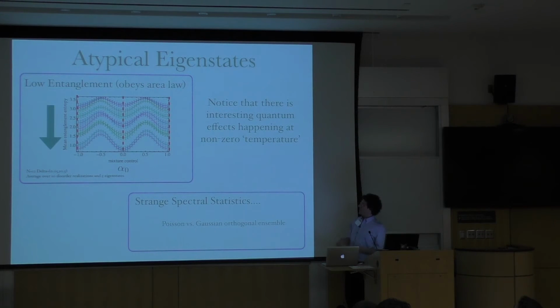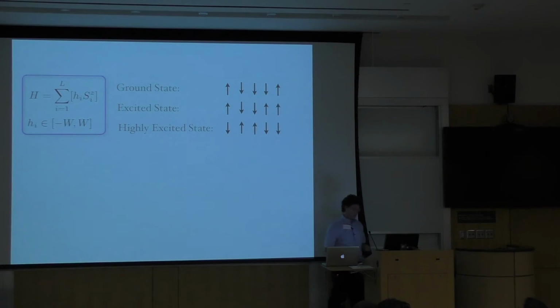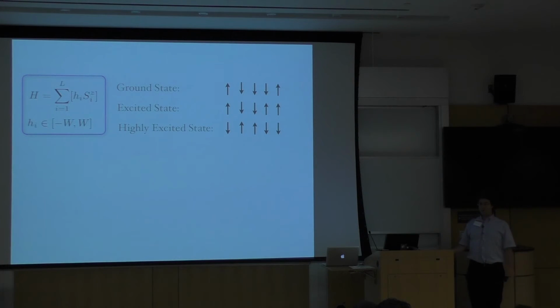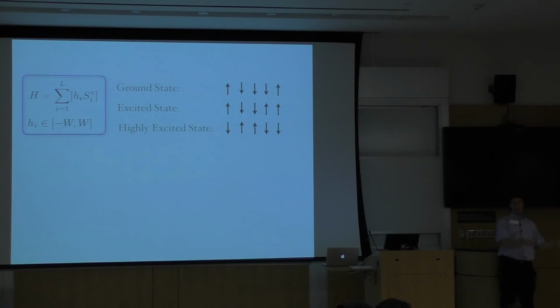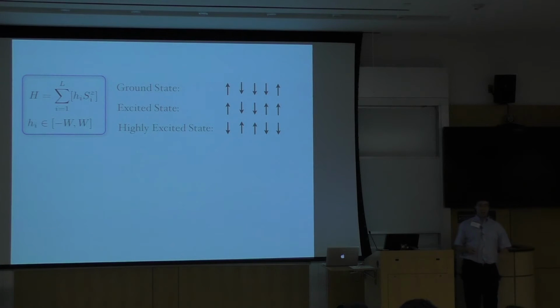The eigenstates are weird. The eigenstates have abnormally low entanglement entropy. I already told you this. Let's get to the variational ansatz part of the story here. So here's the game. What I'd like to do is describe the many-body localized phase variationally. Now, many-body localization is a dynamic phase transition, which is to say the important thing is not the ground state.